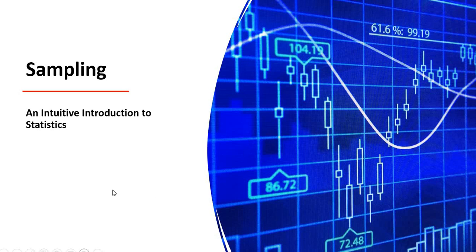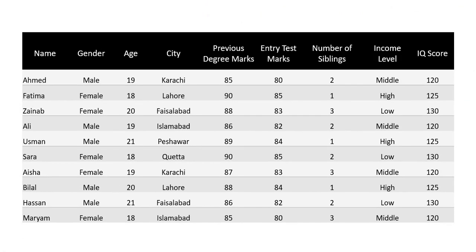In the previous videos, we have discussed a data set containing data about students' names, genders, age, city, number of siblings, and income level, etc. We need this data to make certain decisions. We can collect this data from students.